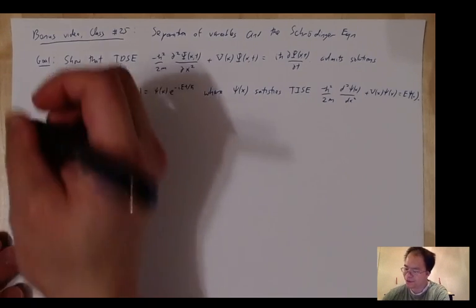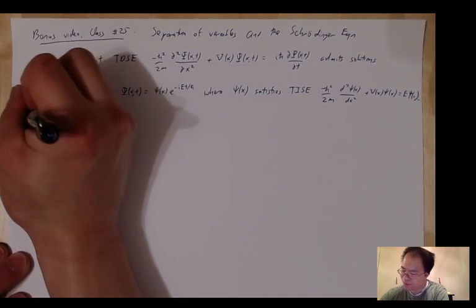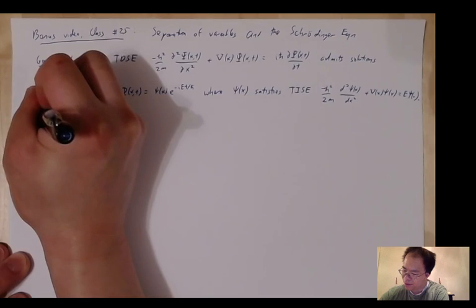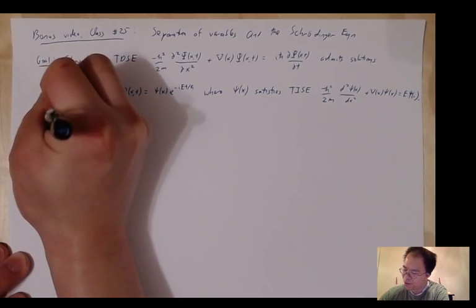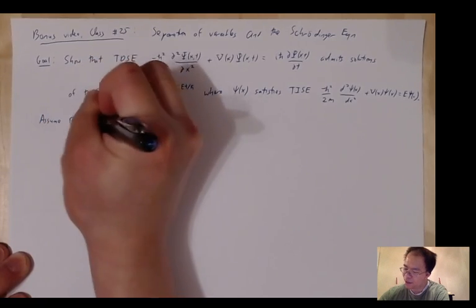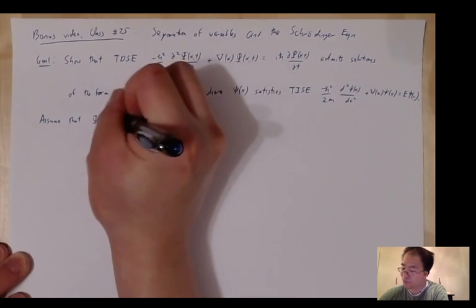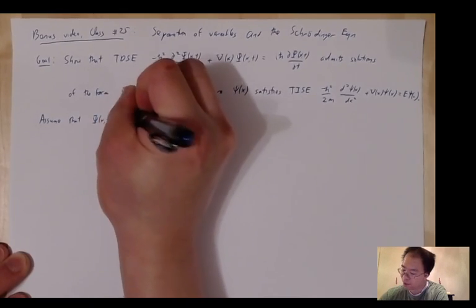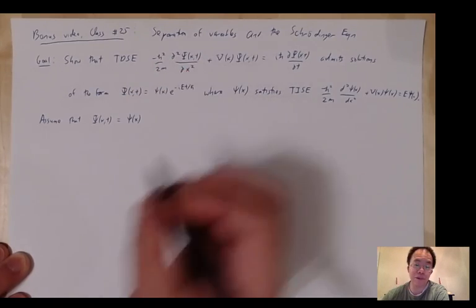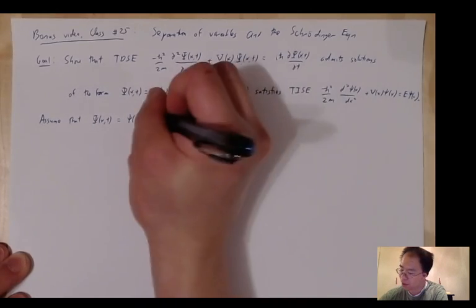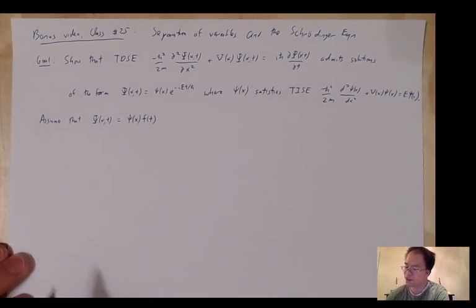So to start, we assume that Psi(x,t) can be written in the form of some function of x, which I'll write as lowercase psi(x), times some undetermined function of t, f(t).